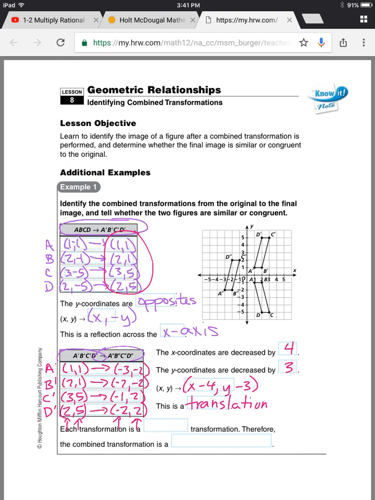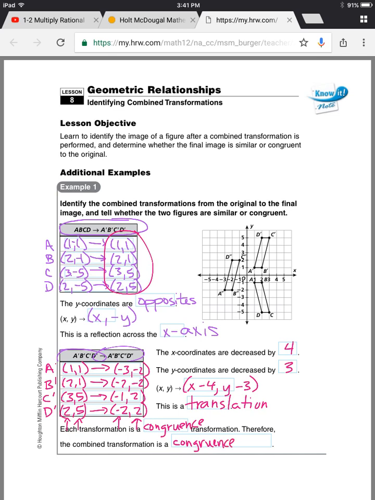So, each transformation is a congruence transformation. Therefore, the combined transformation is a congruence transformation.